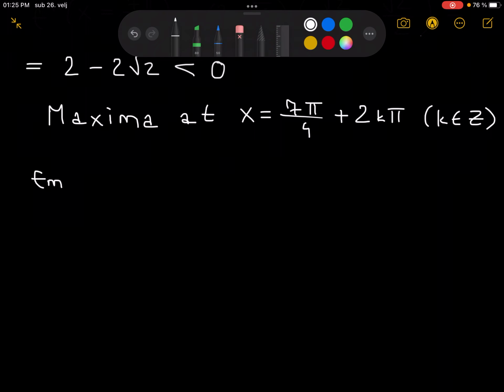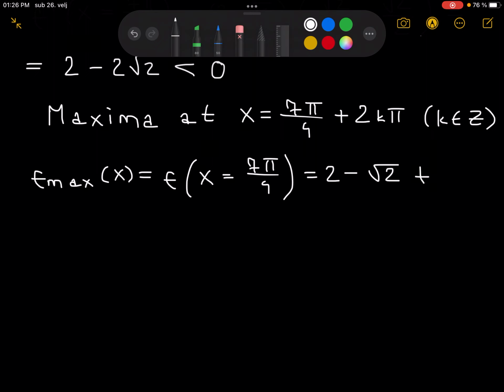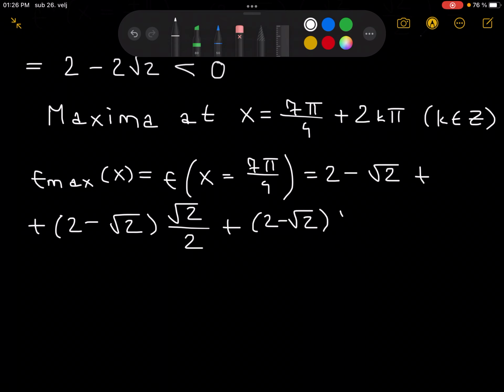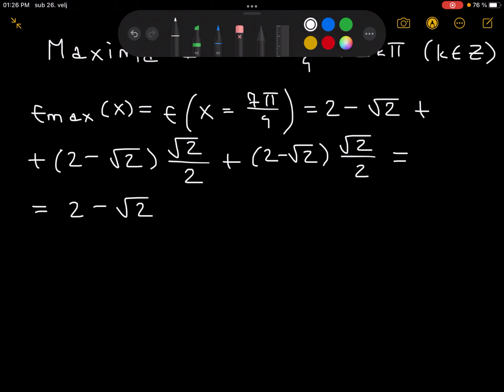So f max of x, which is the same as f of x is equal to 7 pi over 4, is equal to 2 minus the square root of 2 plus 2 minus the square root of 2 times the square root of 2 over 2, and plus 2 minus the square root of 2 times the square root of 2 over 2, and that's going to be equal to 2 minus the square root of 2 plus 2 times the square root of 2 minus 2, and the 2's cancel out, and that's just going to be the square root of 2.